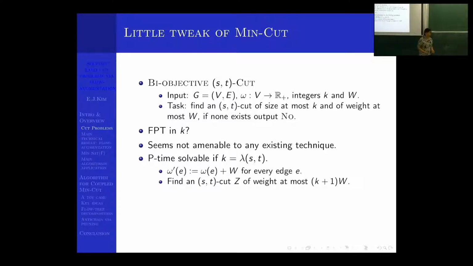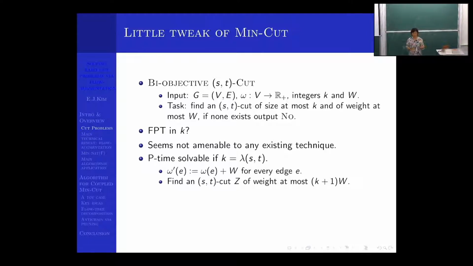So only cuts using at most k will qualify. But there is nothing which uses less than k. So if there is such a weighted cut, then we know that it uses exactly k edges, and the weight sum will be at most W.